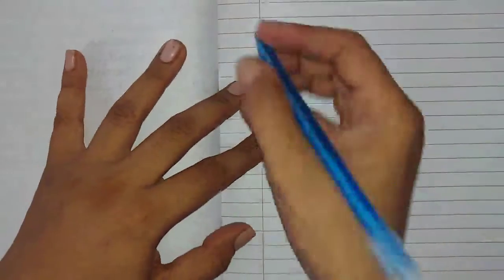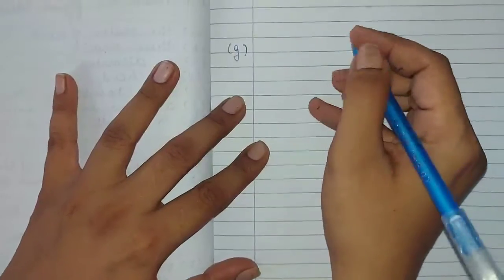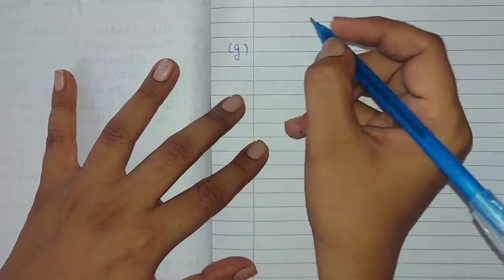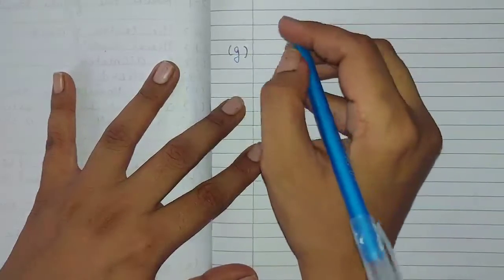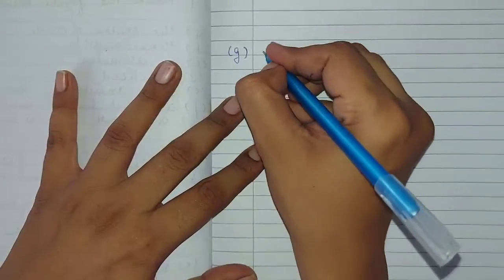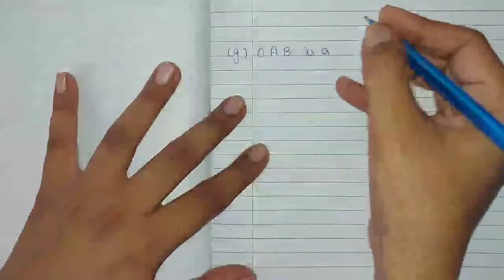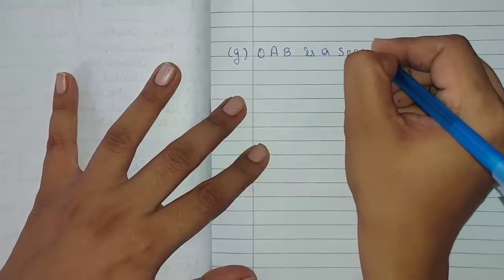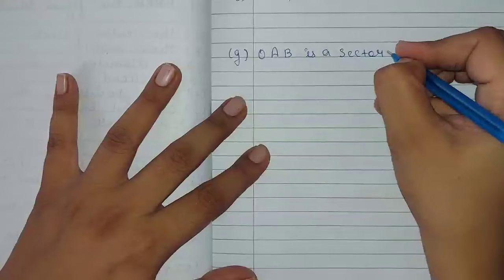First of all, we will write the answer for OAB, that is answer G. OAB is a sector of the circle.